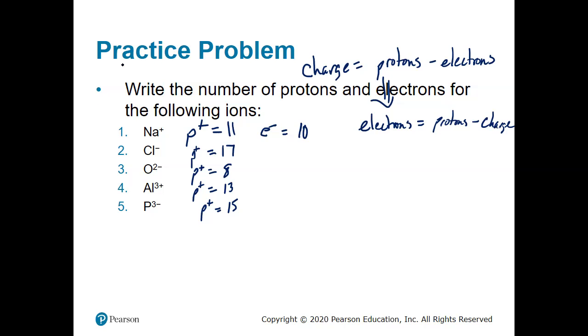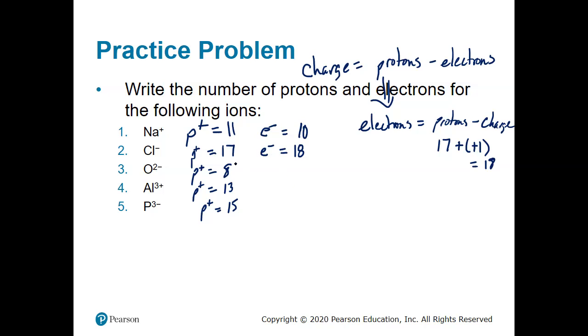So for something like number 2 here, we have 17 protons and a -1 charge. 17 minus -1 will give us 18 electrons for the chlorine. Either way that you want to handle it, you can do it algebraically, you can do it logically.